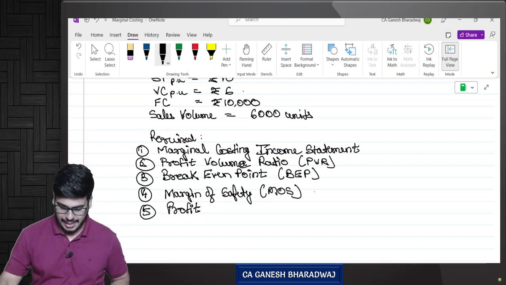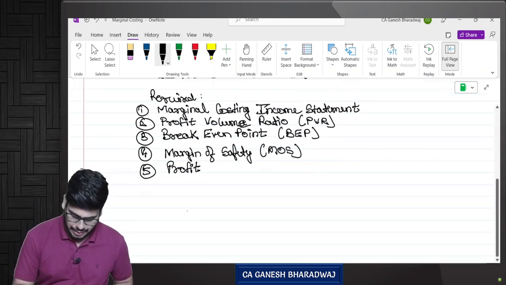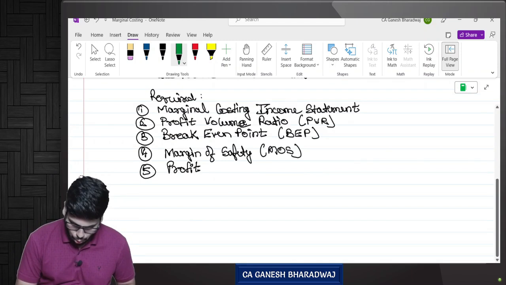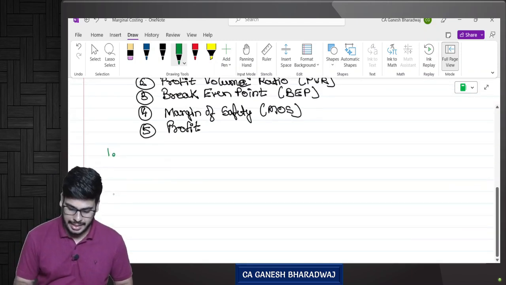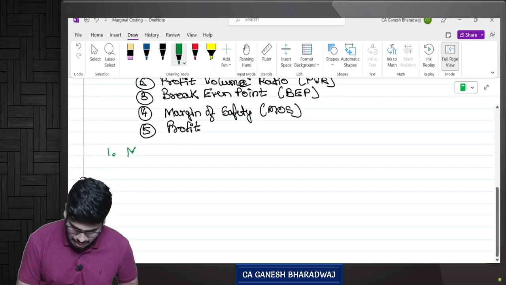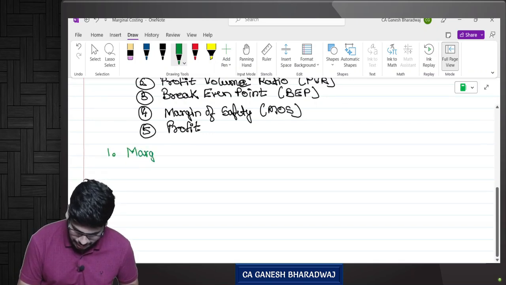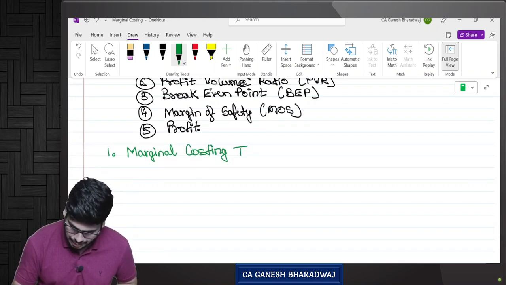Clear with this? Yes. Now first let me get into the most important aspect of this chapter, which is marginal costing income statement. So what have they asked? Marginal costing income statement.